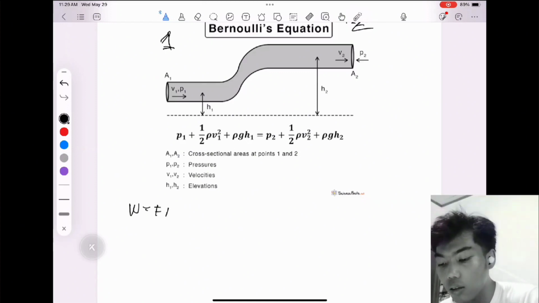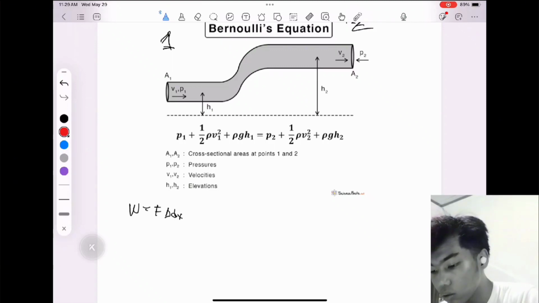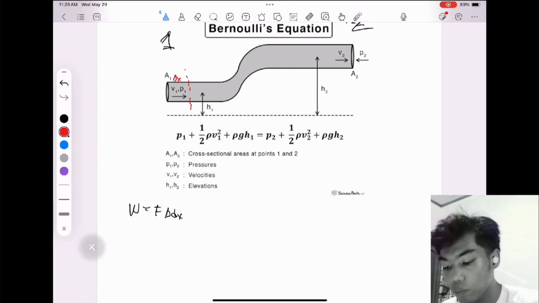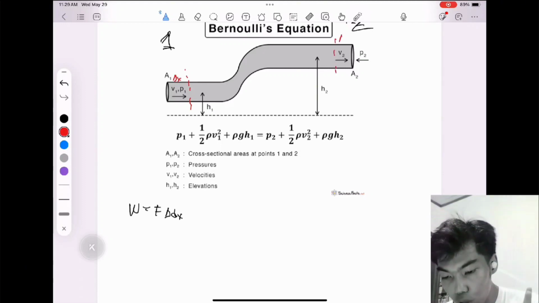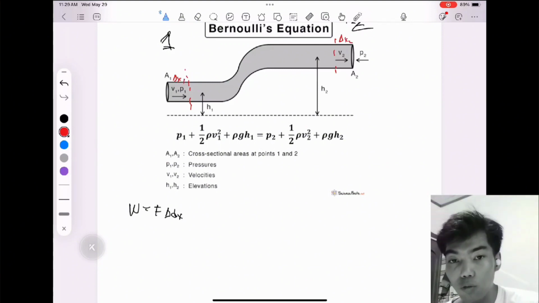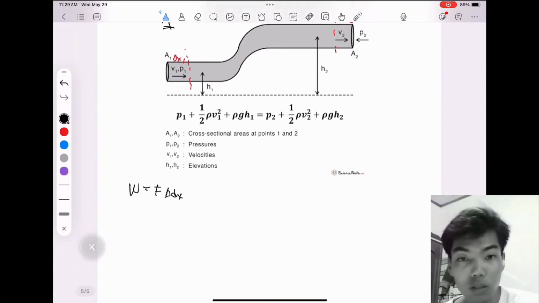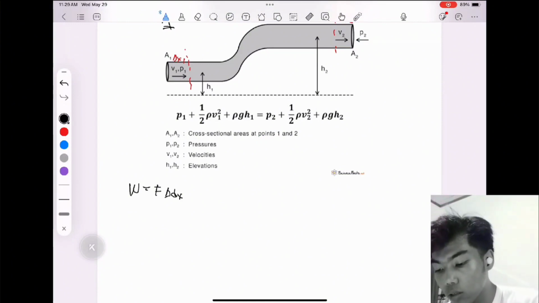And since dalawang points ang kino-consider natin, point 1 and point 2, dito, meron na naman tayong displacement by x2, delta x2. Ngayon, since 2 points nga ang ino-observe natin, meron tayong force on each side. So, ang force dito is papasok since input natin siya. Now, force 1.